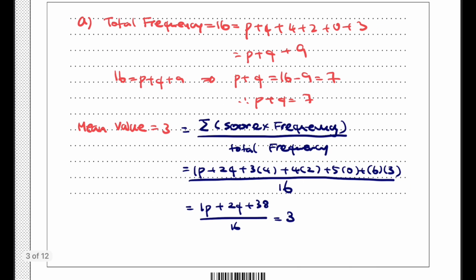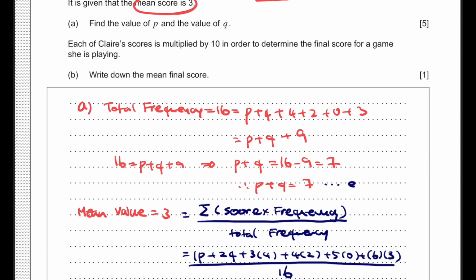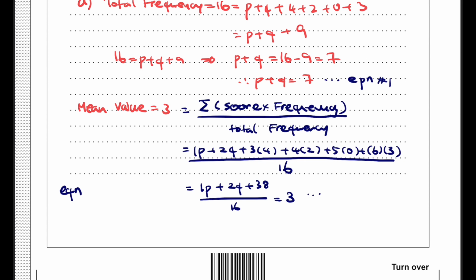So using this information, we're going to substitute into our equation 1. Let's say this is our equation number 1, and this is our equation number 2. Then equation 1 into equation 2.